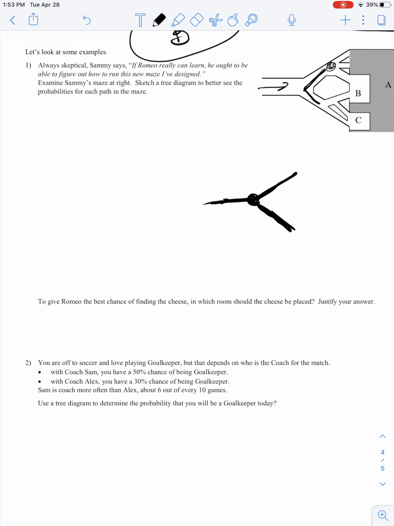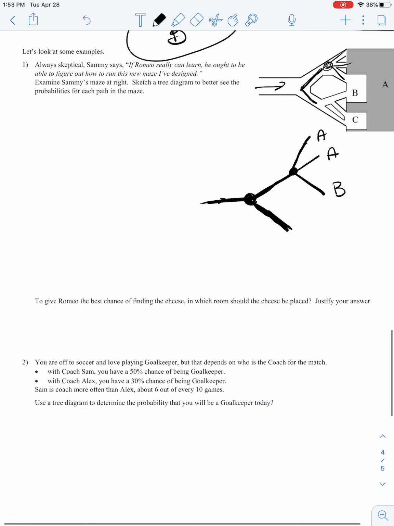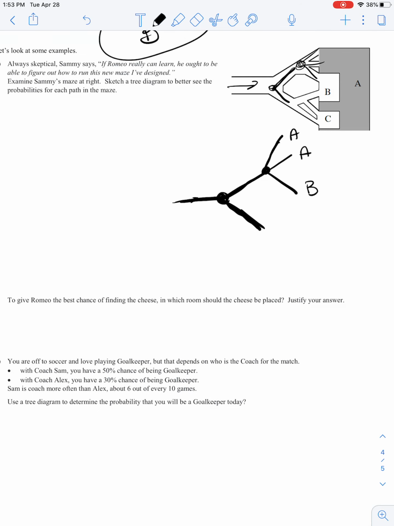Romeo now has 3 options, so we're going to draw 3 branches here. The first 2 branches go to room A, and the third, it looks like, goes to B. Okay, let's say that the first time here he chose this way. Now, at this intersection, he has 2 options.